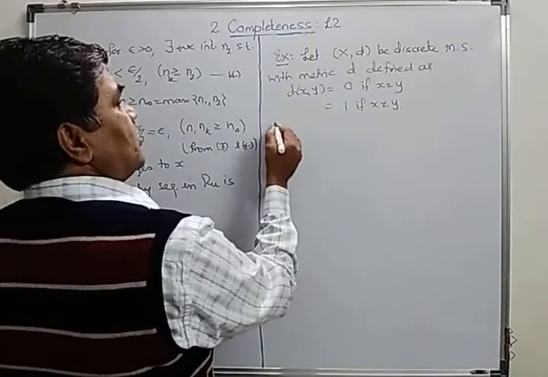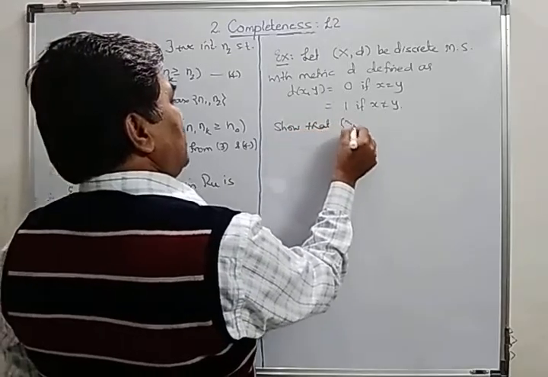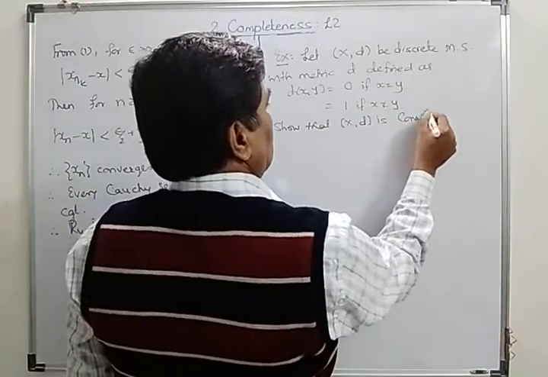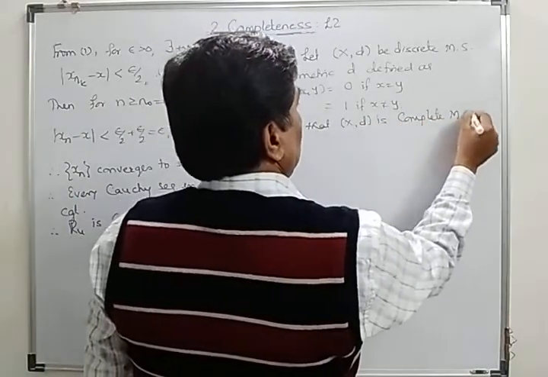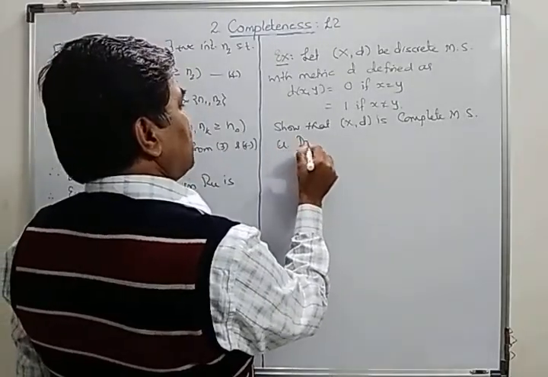Then (X, d) is a complete metric space, that is, the discrete metric space is complete.